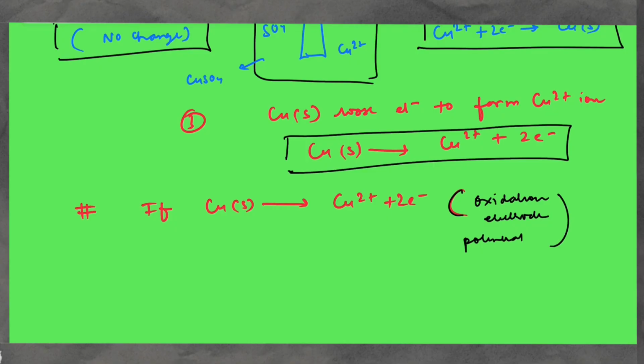Second possibility, if copper 2 plus gains 2 electron, it goes to copper solid. In this case, this is reduction electrode potential.